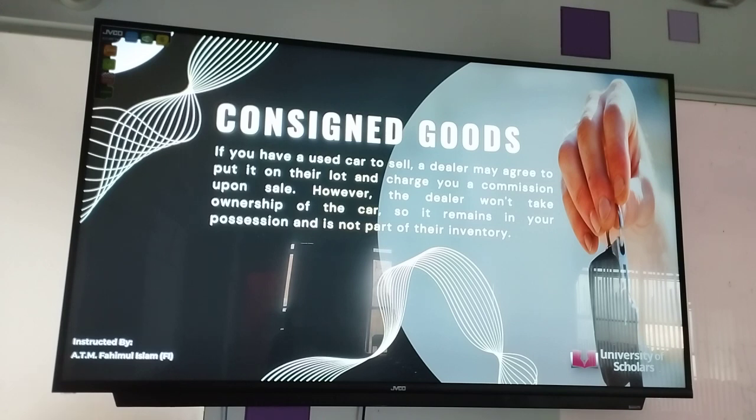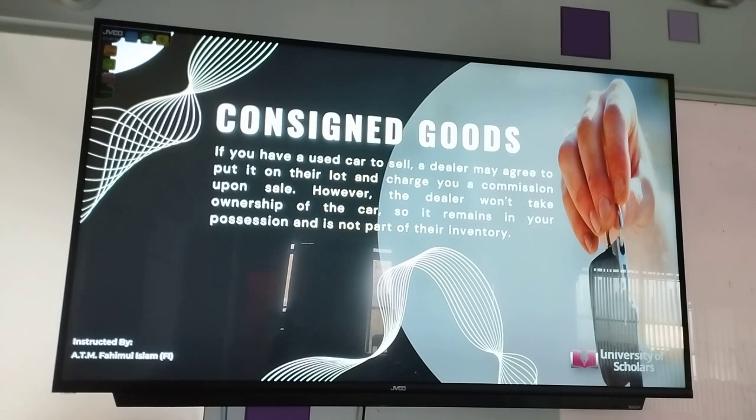However, it is very important to note that even if you have the possession of your car, but you are not currently having that car in your parking lot or in your apartment or in your house, you are just keeping that in the dealer's parking lot. So it's not a part of their inventory, but it's yours as you have the possession.